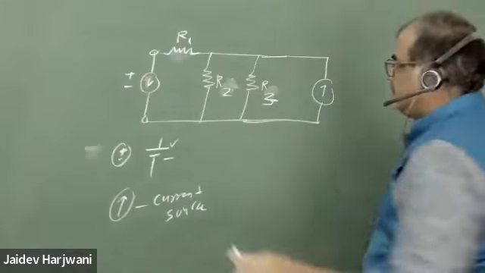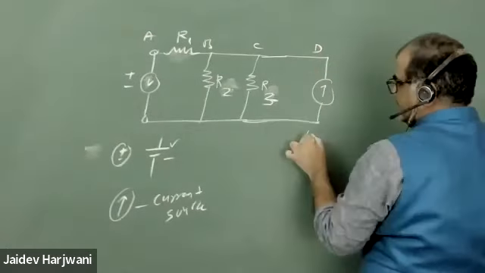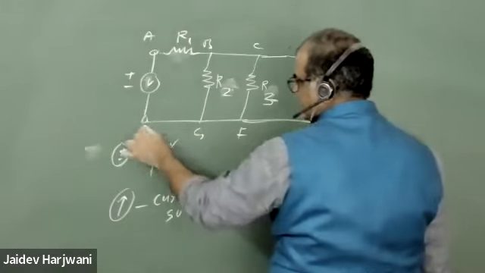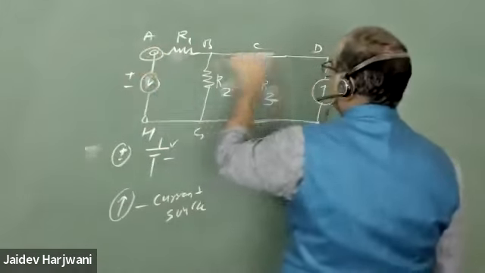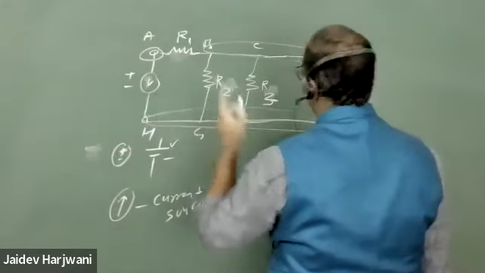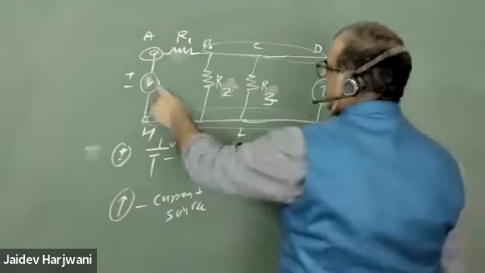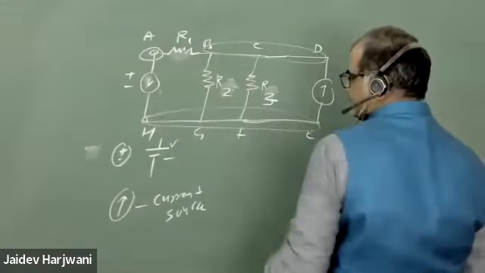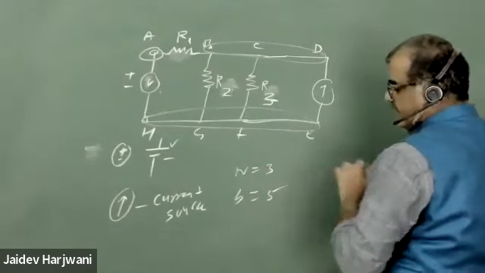So this is A, this is B, 5 branches: D, E, F, G, H. This is node 1, this is a common node 2, and this is node 3. Okay, so nodes are 3 and branches are 5.